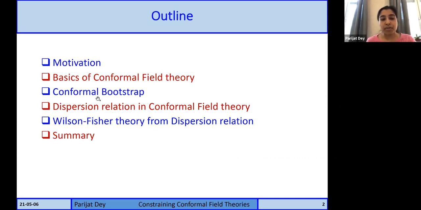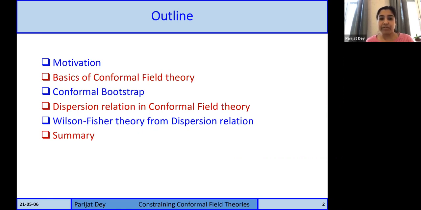I will talk about the conformal bootstrap techniques that can be used to study such systems. And then I will move on to the main topic of today's talk, which is a dispersion relation in the context of conformal field theory. So I will tell you how a conformal correlator can be computed using a dispersion relation.